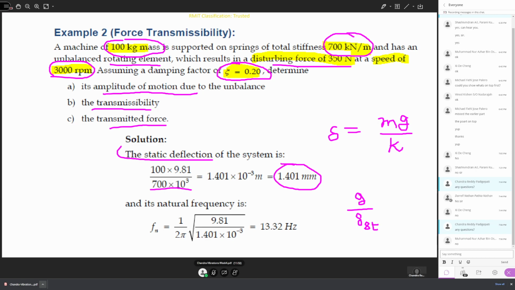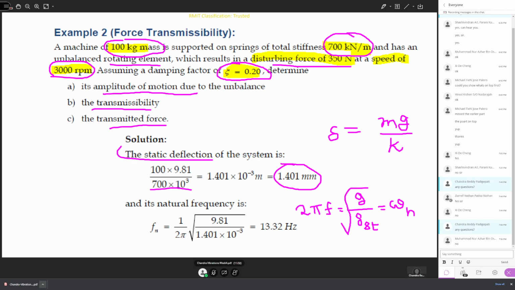Here you're calculating omega n, and you can write this with a square root.